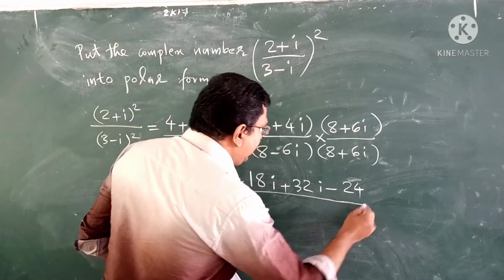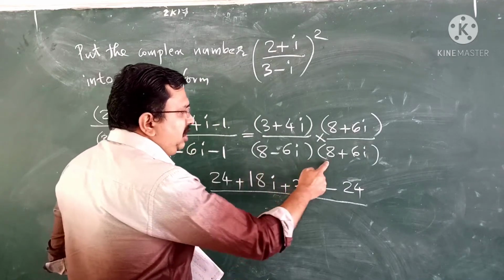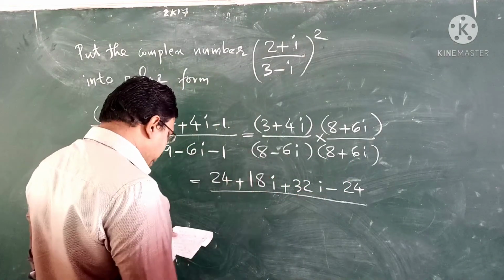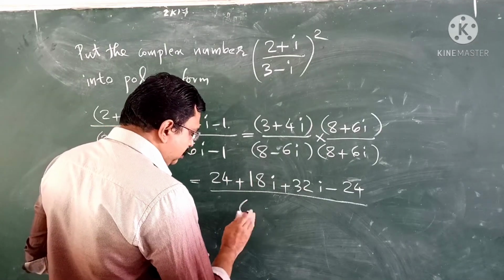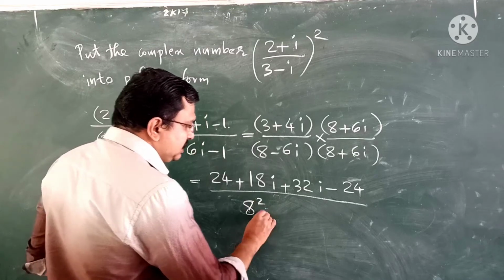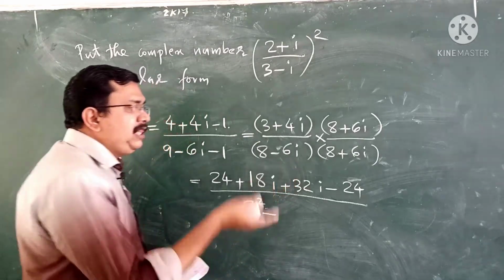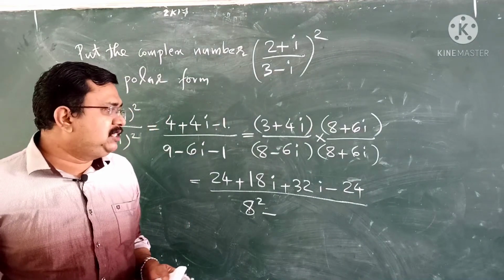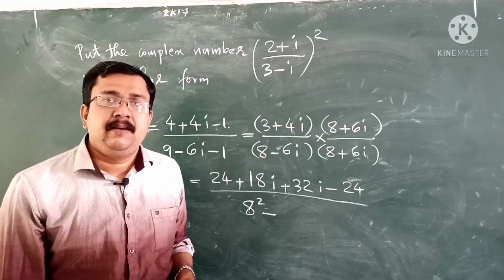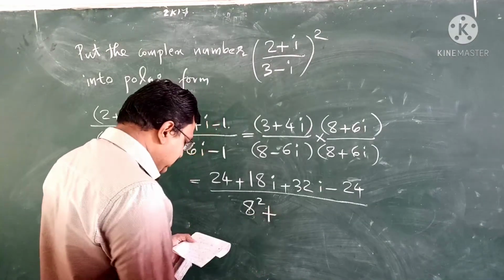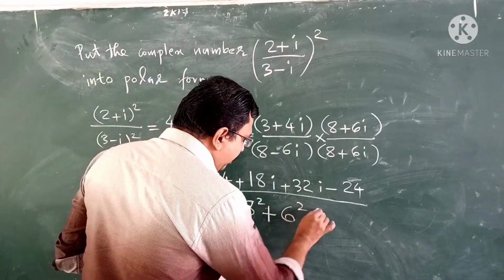The whole is divided by a minus b into a plus b, and the answer is a square minus b square. That is 8 square minus 6i the whole square. We know that 6 square is 36, and i square is minus 1. Therefore, minus into minus will become plus 6 square.